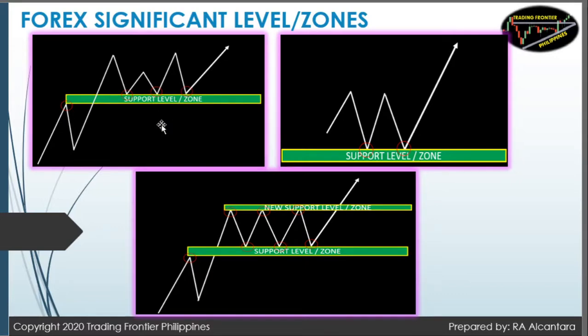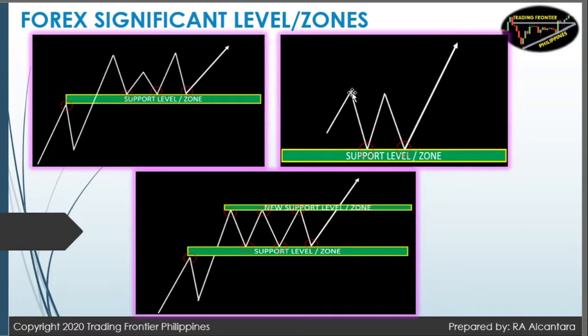As I've said, at least 2 touches will be enough for you to identify your key significant level or zones. So one example is here, right? This zone or level is your key significant support. Why is it significant support? Again, the price heading towards it began to react going up.